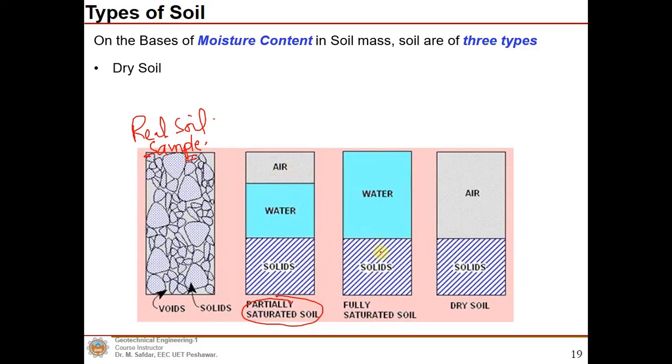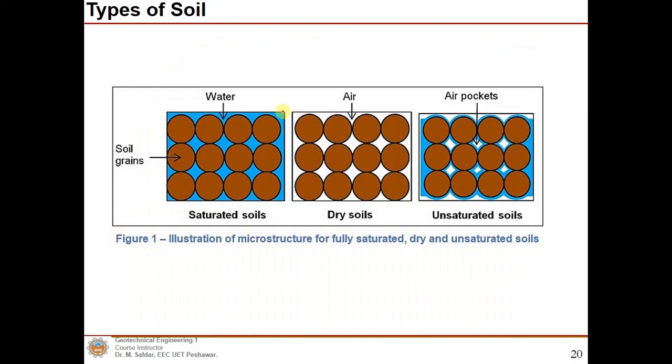In the case of dry soil, no water is present, so only air and solids are present. So there are three types of soil based upon the moisture content: dry soil, saturated soil, and partially saturated soil, which is sometimes called unsaturated soil as well.